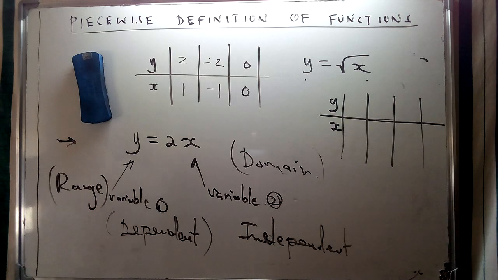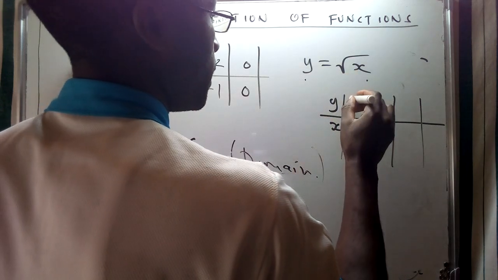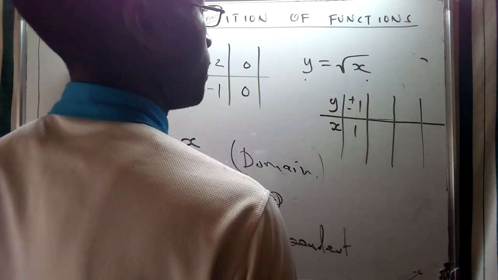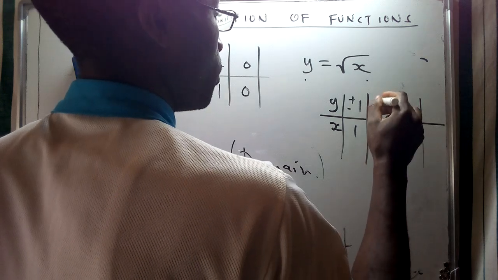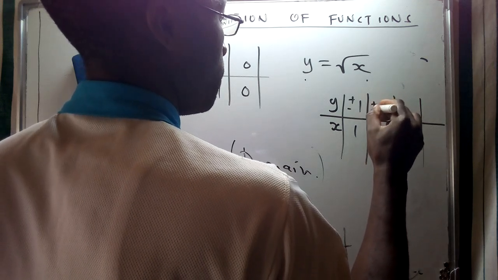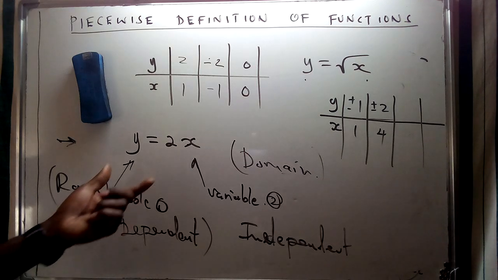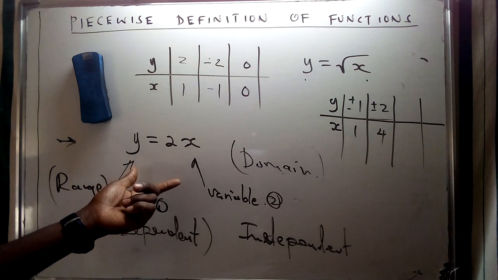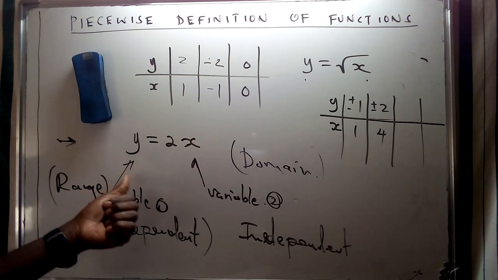So suppose I have x represented as 1. The root of 1 can either be positive or negative 1. And if x is 4, the root of 4 is going to be either positive or negative 2. As I defined, a function is a special type of relation that assigns each element in the domain to exactly one element in the range.